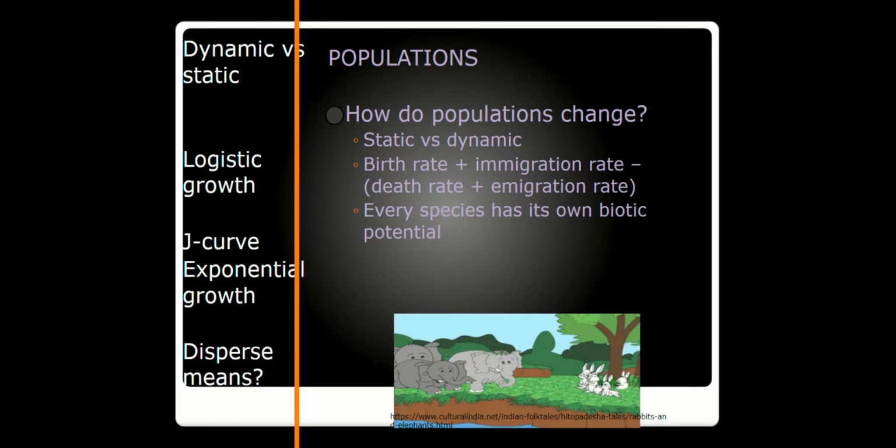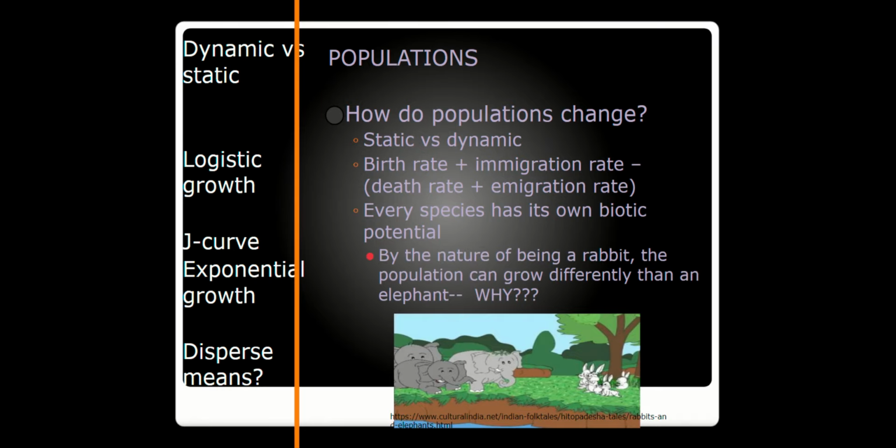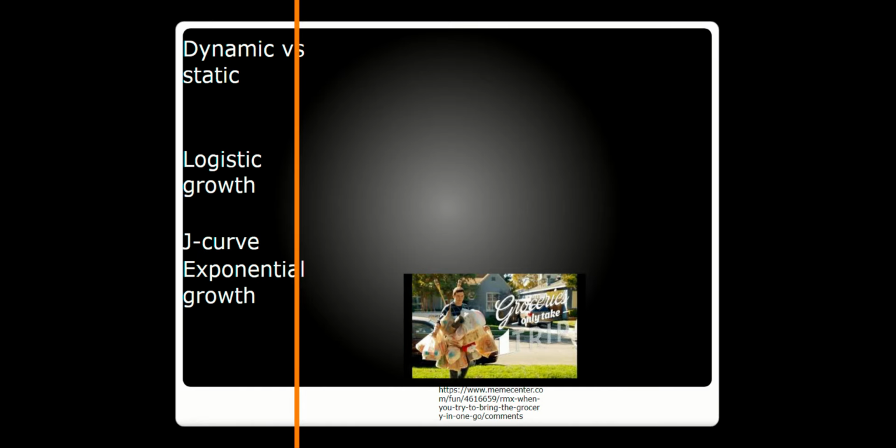Every species has its own what we call biotic potential. By the nature of being an elephant, it can reproduce at a different rate than rabbits. So why is that? I'll let you tell me. Think about it. As I scroll through this slide quickly, potential.